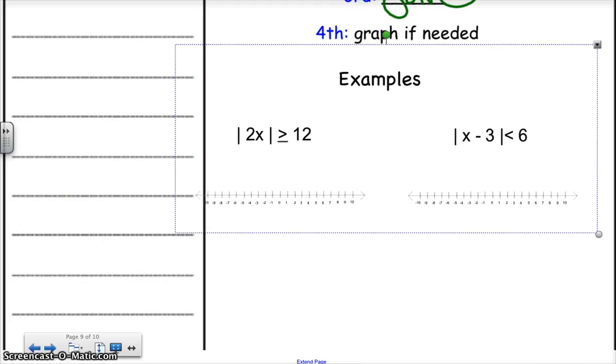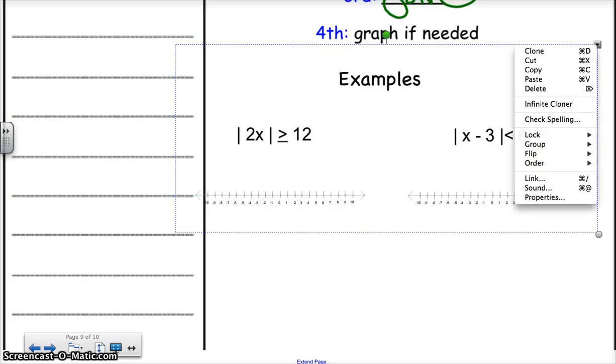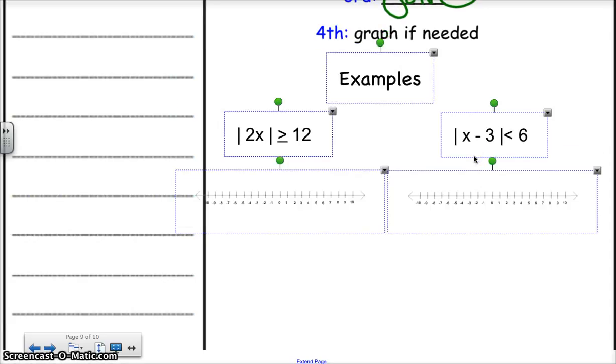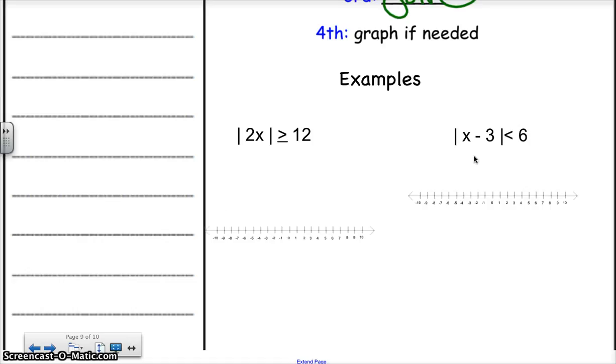The absolute value sign is alone. So all I need to do is create my cases. So I say I still have a positive and negative case. So I say 2x is bigger than or equal to 12, or now I got my negative case, that's when I MD and F it. 2x is less than or equal to negative 12.